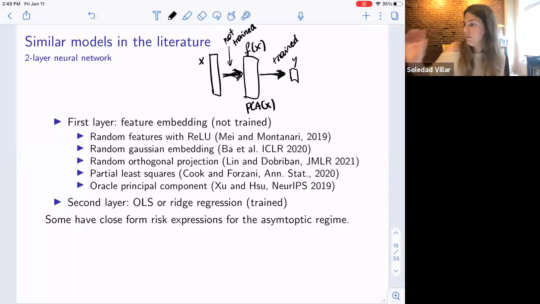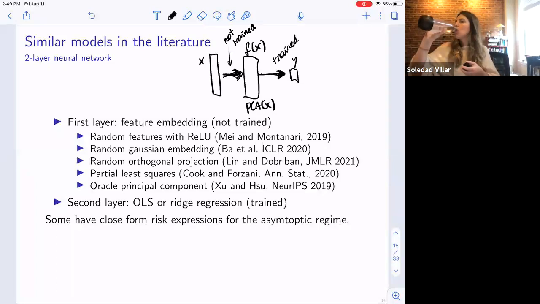Sorry, maybe I'm misunderstanding something, but my sense is that the goal at the end of the day is to understand generalization properties of these overparameterized models.